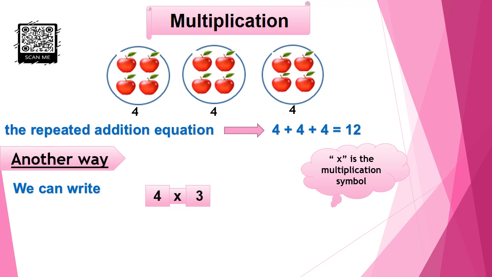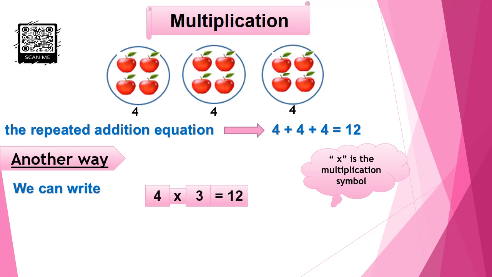What is the number I repeat? 4. How many times do I repeat 4 here? 3. So I will write 4 times, this symbol which is like X is called times, 3 equals 12. It's the same result.